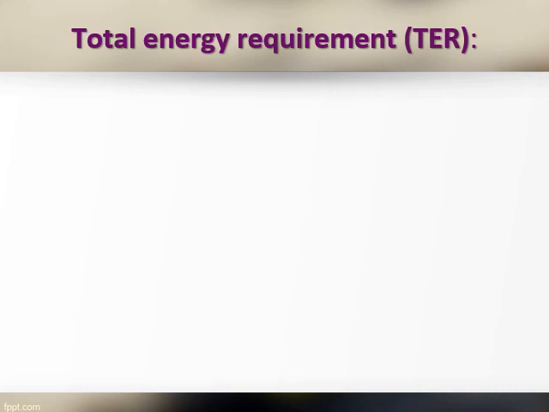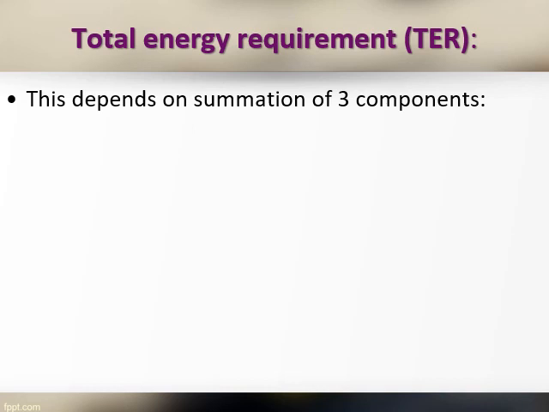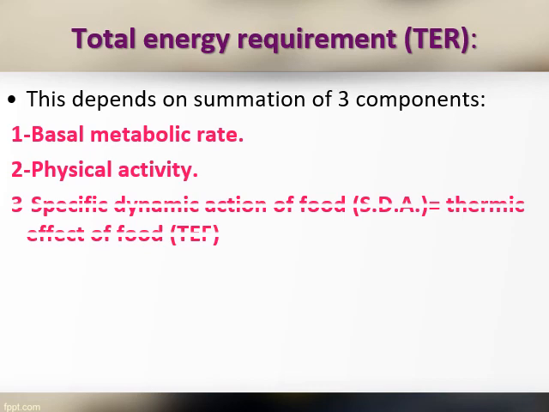Total energy requirements. This depends on the summation of three components, which are the basal metabolic rate, physical activity, and specific dynamic action of food, or what is called the thermic effect of food.